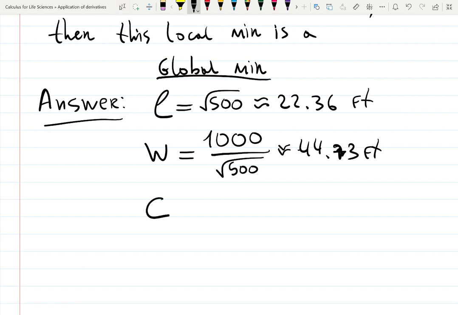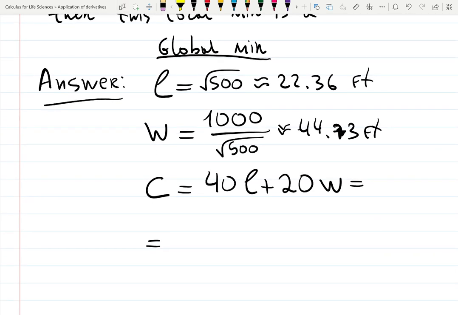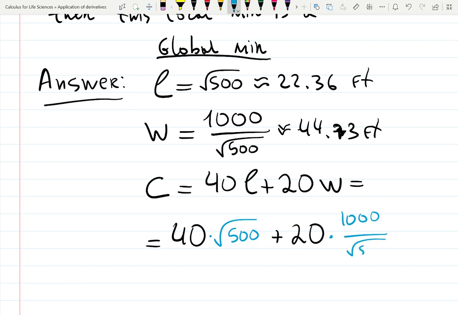And then the cost function. The cost function had a formula, 40L plus 20W. Or you can use a formula with one variable if you want to, but it looks harder. Plug in, you'll have 40 times the square root of 500 plus 20 times W, which is 1,000 over the square root of 500.